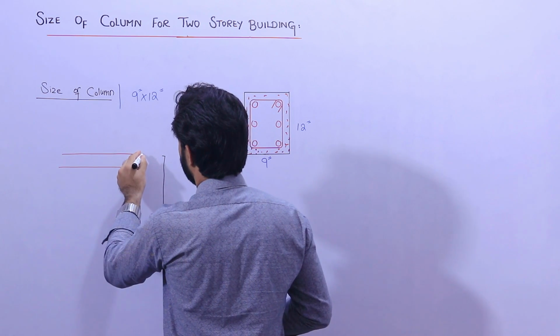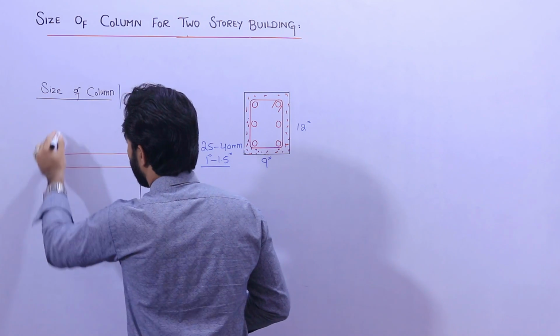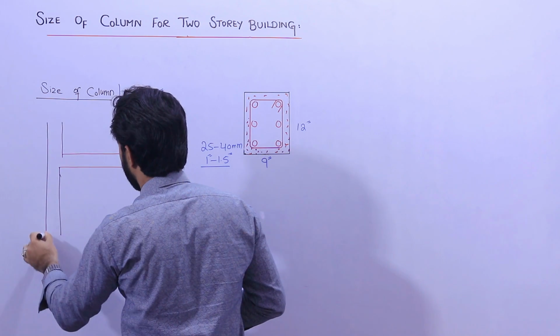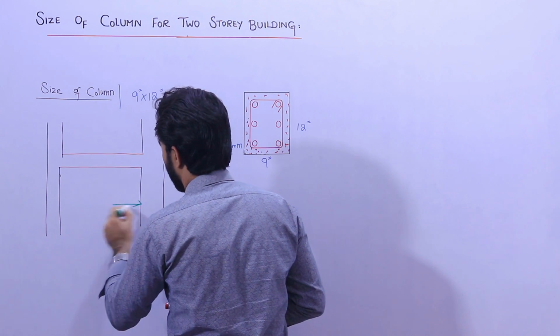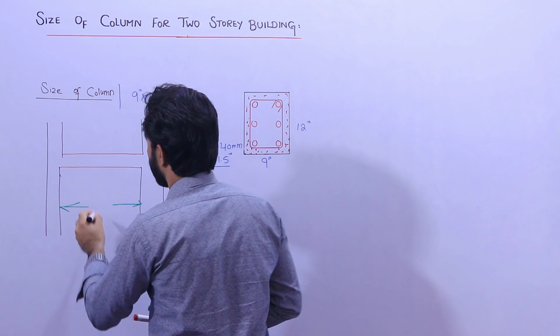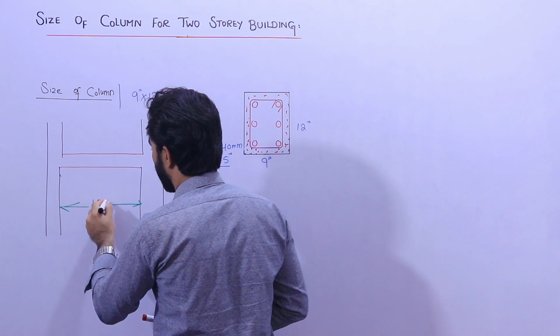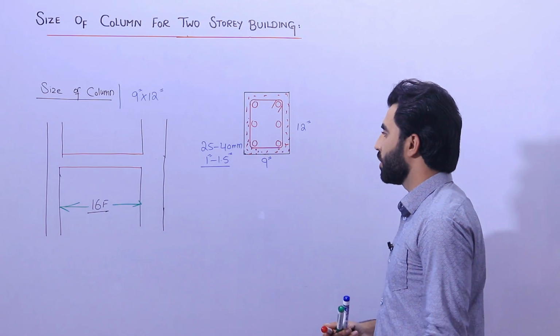This is RCC column. So this span should not be more than 16 feet. Up to 16 feet, you can keep the size of column 9 by 12 inches.